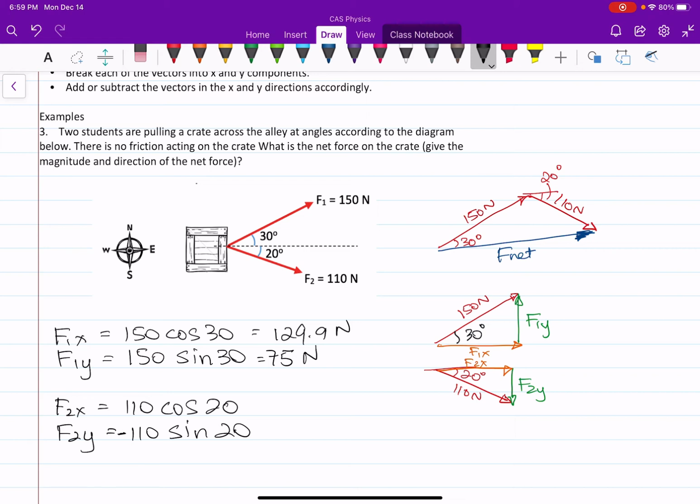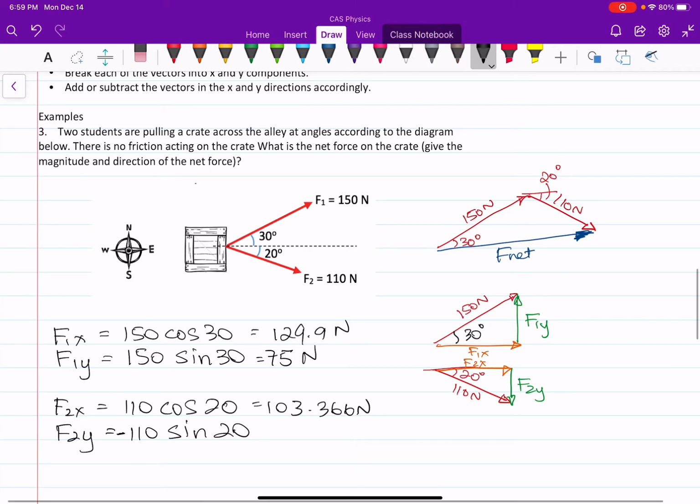I think if you just put in negative 20 degrees, it would actually work out, and you would get the negative number. That's another way you could do it. So 110 times cosine of 20 is 103.366 newtons, and then 110 times sine 20 is 37.622 newtons.